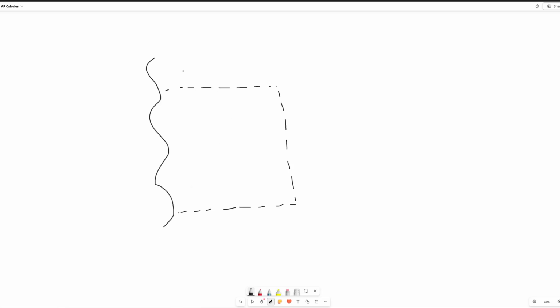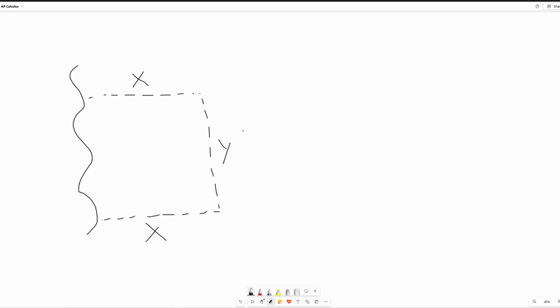Okay, so now we have this sort of rectangle here, and what we're going to do is label these sides x because they're going to be the same, and then label this side y. Doesn't matter if you label this one y and this one x, it's going to give you the same outcome. So now for every optimization problem, you are going to need to set up 2 equations. In this case, we will have an area equation, which is simple, x times y.